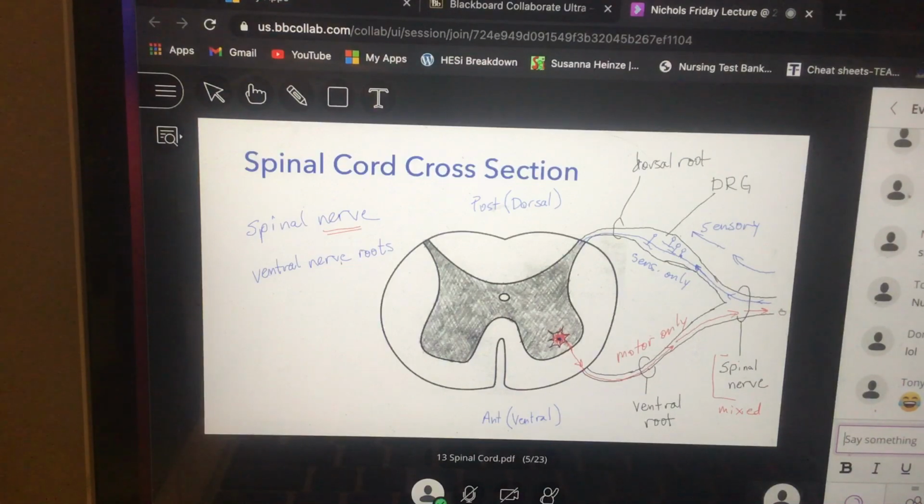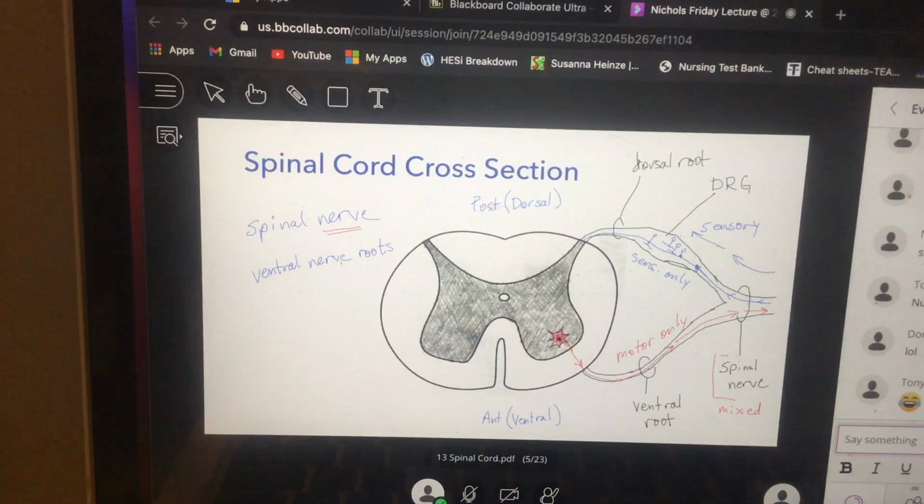Those are the longest motor neurons you have in your body. For some very, very tall people, that's almost a meter long. For shorter people, it's about three-quarters of a meter. That's a long single cell.